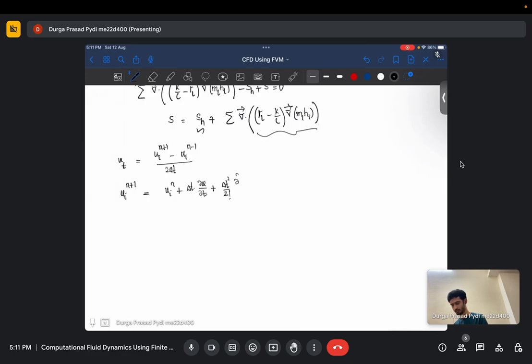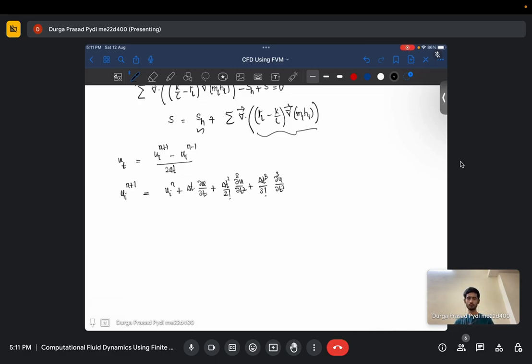So here we are trying to get du by dt, right? Yes. So we have u_i at n plus 1 minus u at n. If you just move this u_i at n to the other side, you can get du by dt. So you essentially have an error of delta t square. You understand what I'm trying to say here? Yeah. Okay.